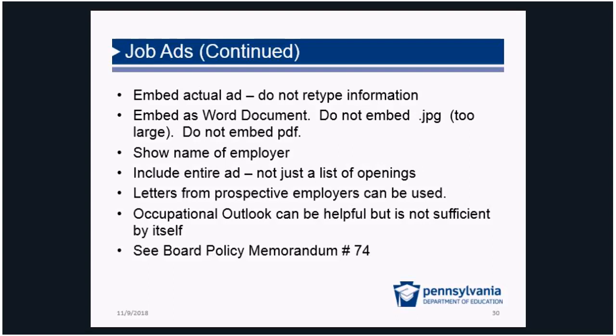You can use letters from prospective employers. You can include the Occupational Outlook publication information for your field, but that alone does not provide adequate evidence of job opportunities. Please refer to Board Policy Memorandum number 74 for additional information on job opportunities.